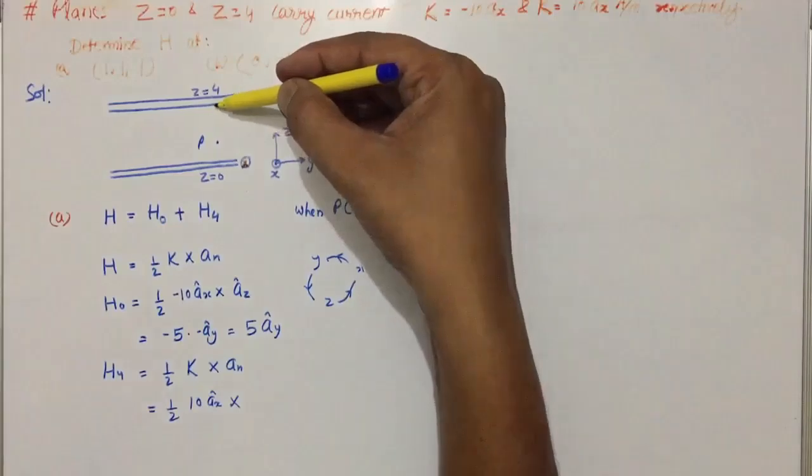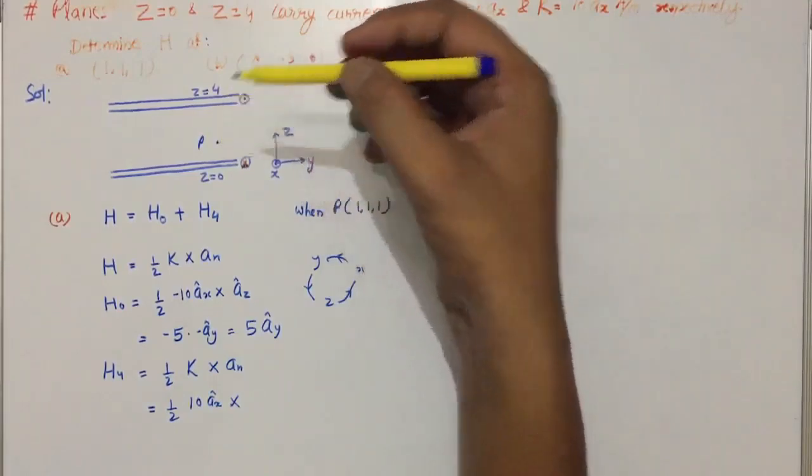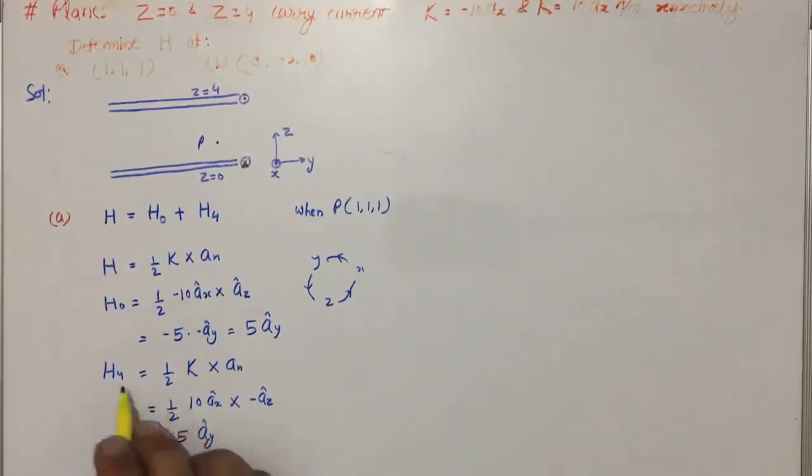AN will be below this because Z is equal to 1, so it should be in the negative direction, in the minus AZ direction. So from here this term will be 5 AX cross minus AZ. AX cross AZ is minus AY, and that minus and this minus will be plus, giving AY with plus sign. So H0 is this and H4 is this.